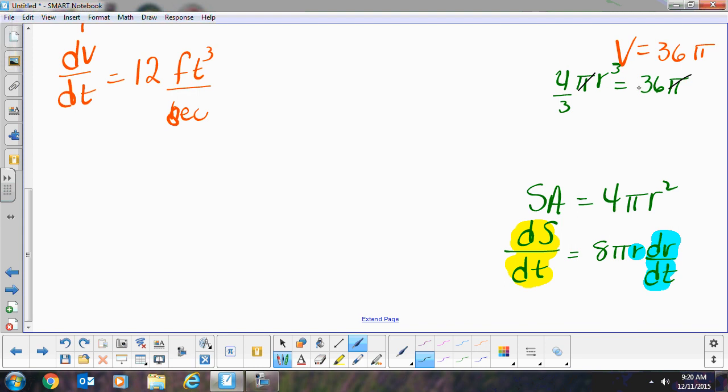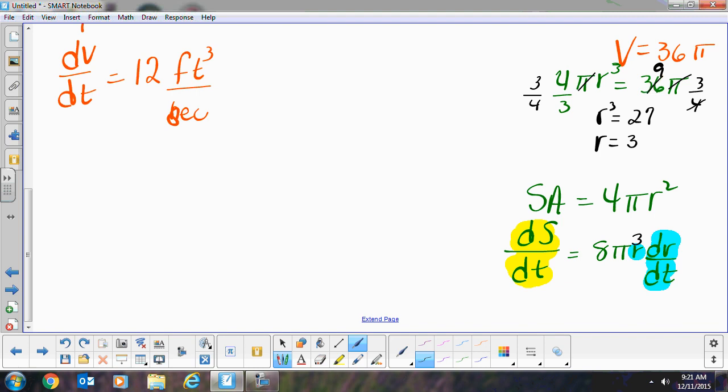What do I do next? Multiply by the reciprocal. How many times does 4 divide 36? 9 times 3. So what is the cube root of 27? 3. So now I know my r.